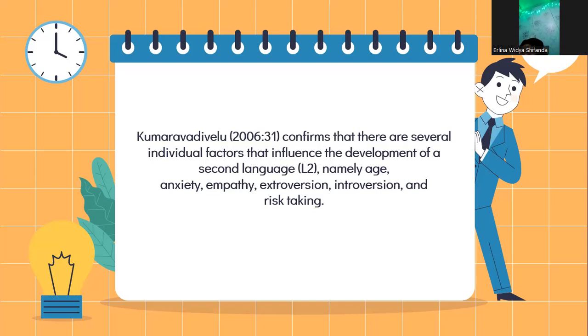Another opinion was expressed by Eleanor Maccoby and Carol Jacklin in Santrock 2007, who conclude that men have better mathematical and visual abilities, the abilities needed by architects to design angles and dimensions of buildings, while women are better at verbal ability.